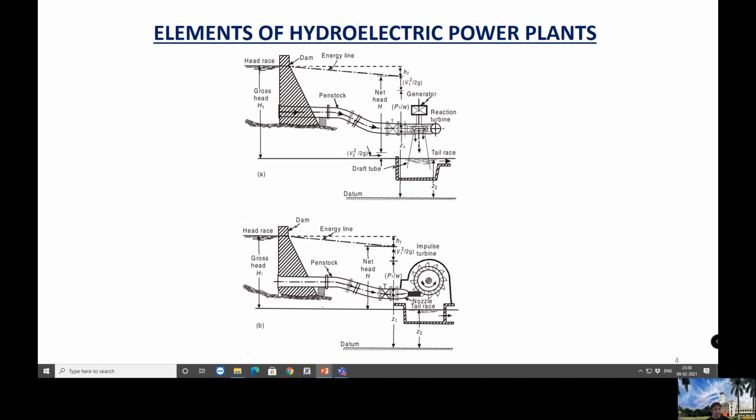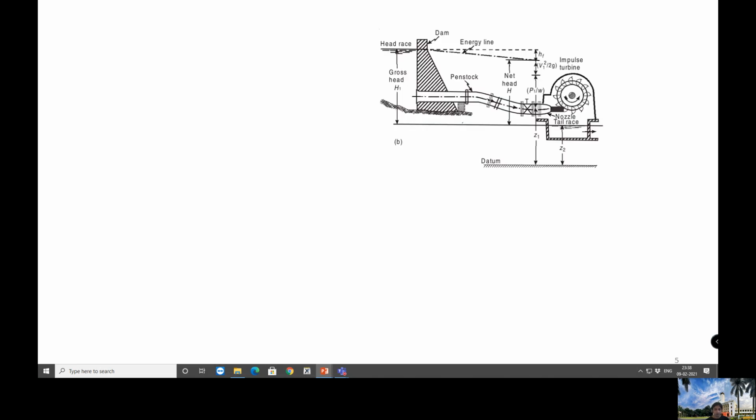You see, there is a dam here, and there is the component of the turbine, which we are going to cover later. And there are some other things, like the net head or the gross head energy line. This is the turbine itself. There's a nozzle, which we are going to see in this lecture as well. Each of those components. So for your help, I have put this figure on the right side as well.